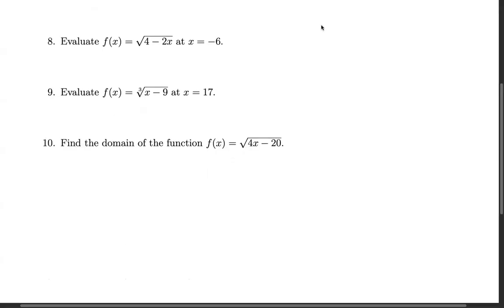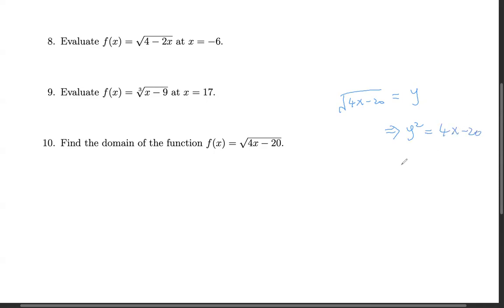10 is talking about the domain of the radical function. So remember, what does this mean? If I have the square root of 4x minus 20 equals y, this means y squared equals 4x minus 20.